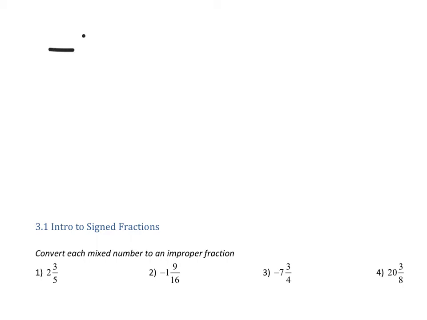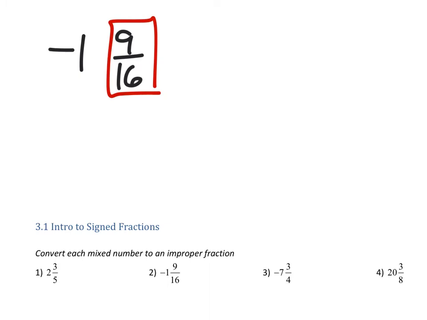So this is -1 and 9/16. Okay. So we're saying we have -1 and 9/16, which also would be negative there, right? So if we had 16 parts in this fraction right here, only 9 of them would be there. It's kind of like saying we have a pan of brownies. I like brownies.